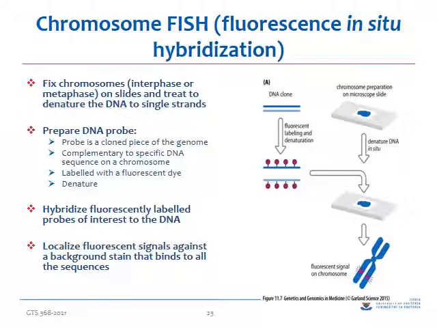It's thereafter labeled with fluorophores and denatured. These two are then hybridized on the slide, and you can now see the fluorescent signals against a background stain that binds to all the sequences that you have in your probe.